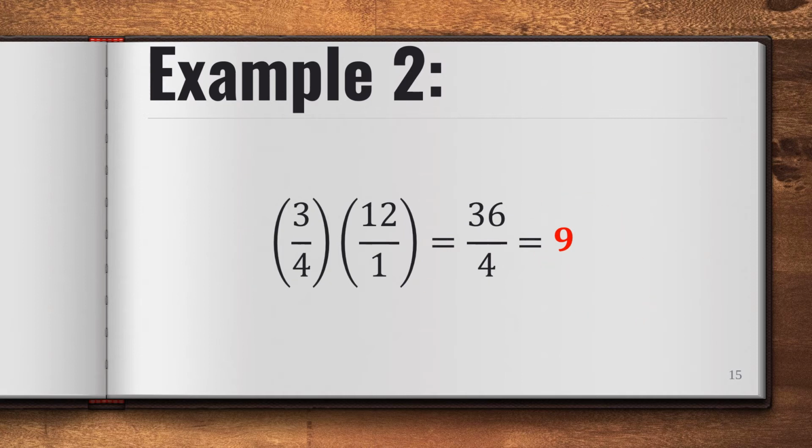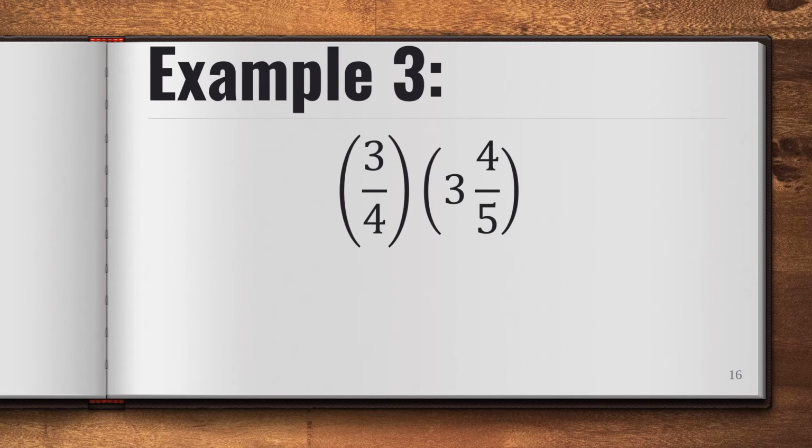How about when we have mixed numbers in some of our cases? Let's say for example 3, we are going to multiply 3/4 and 3 and 4 over 5.